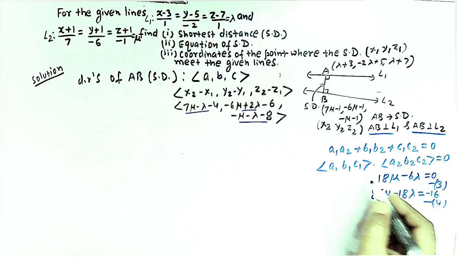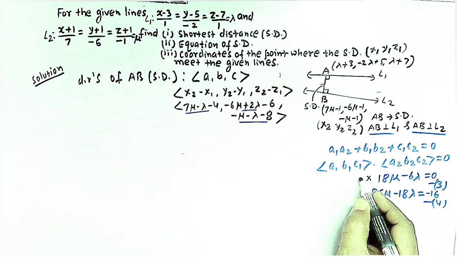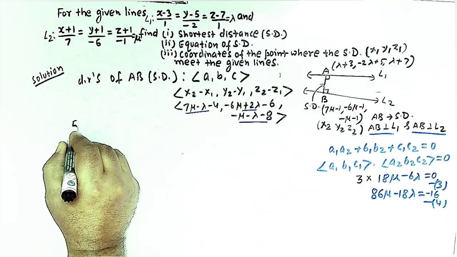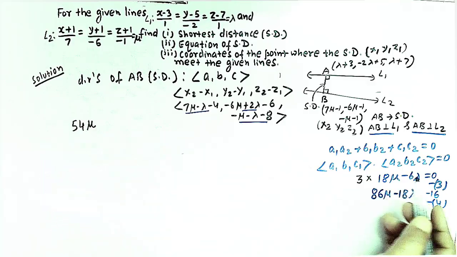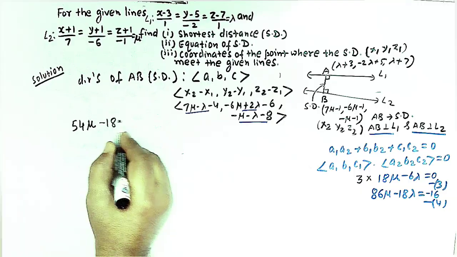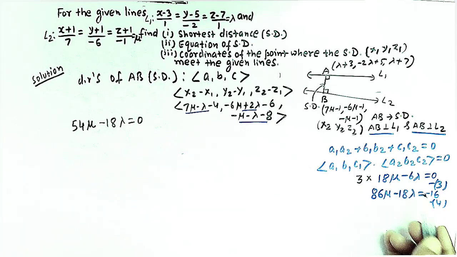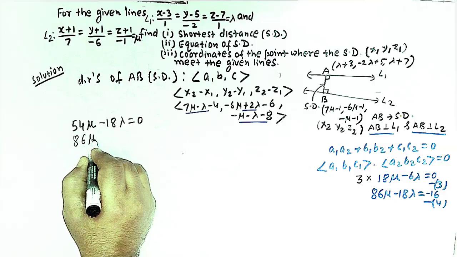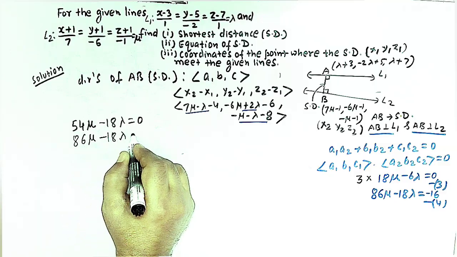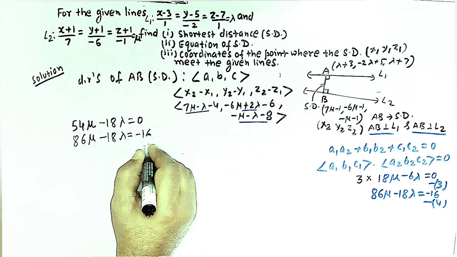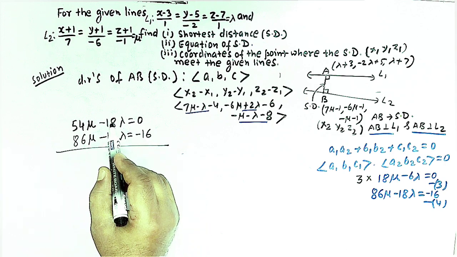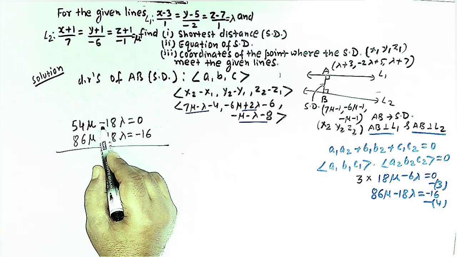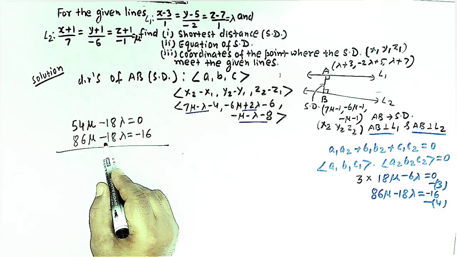So now let us multiply equation 3 with 3. So here we have 3 times 18 is 54 mu. Then here we have minus 18 lambda is equal to 0. And the second equation is 86 mu minus 18 lambda is equal to minus 16. So here we can see that the coefficients of lambda in both the equations are now minus 18 and minus 18.